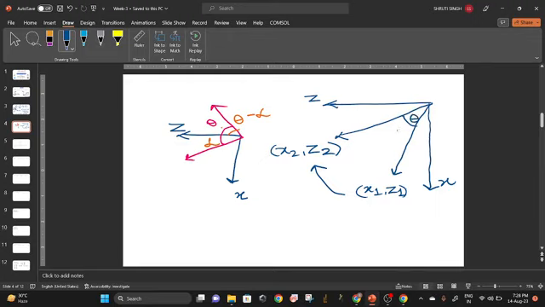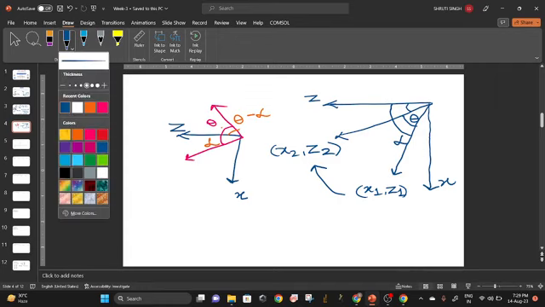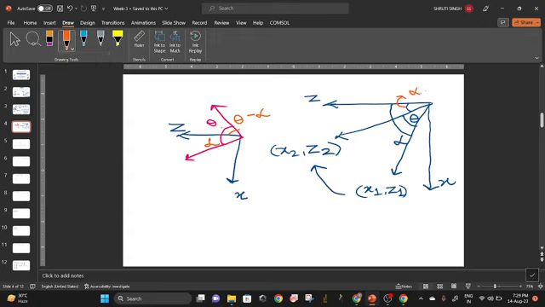And let us take this whole one as alpha, the initial angle for x1 z1 was alpha. So this angle will come as alpha minus theta.